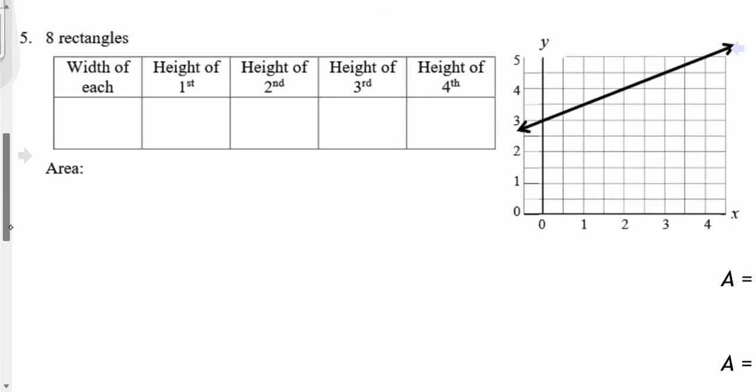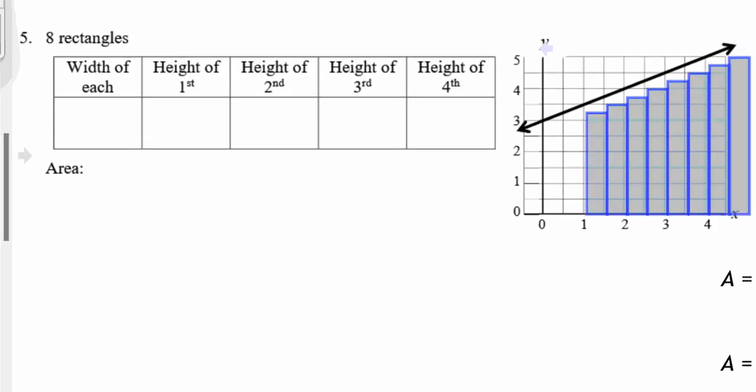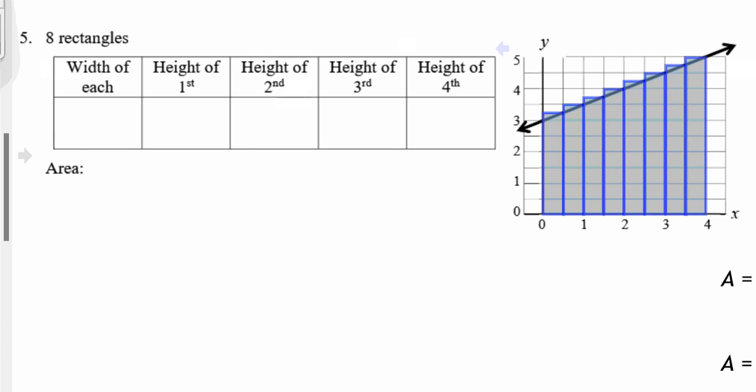Let's do 8 rectangles. If I take the total width, 4 minus 0, divide by 8, I now get 1/2.